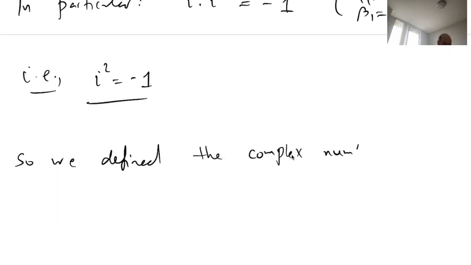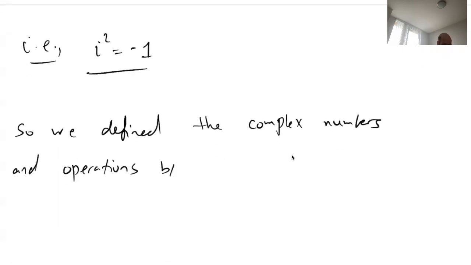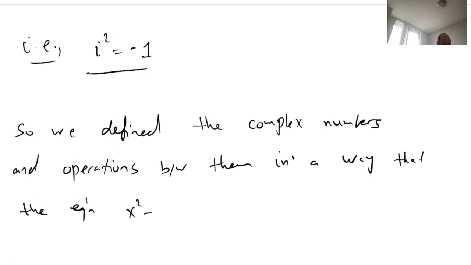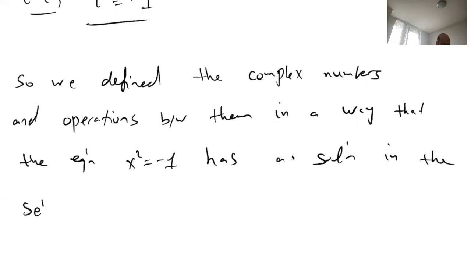So that means we defined the complex numbers and operations between them in a way that the equation x squared equals minus 1 has a solution in the set of complex numbers.